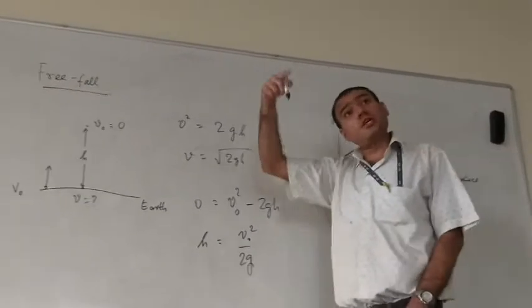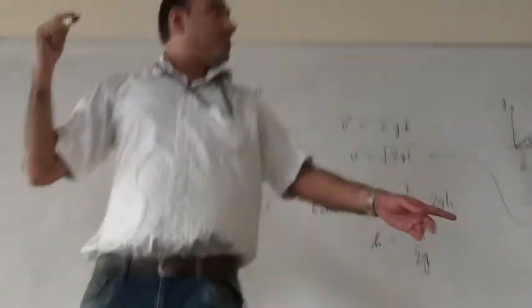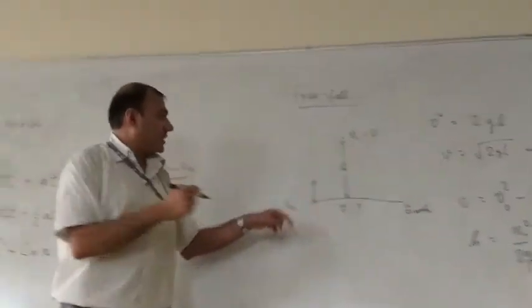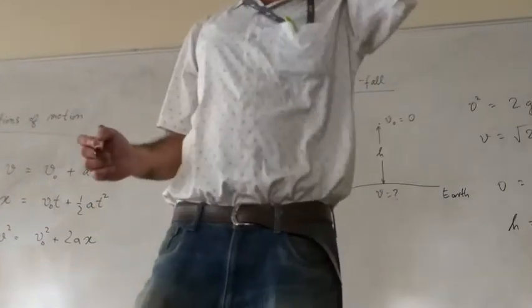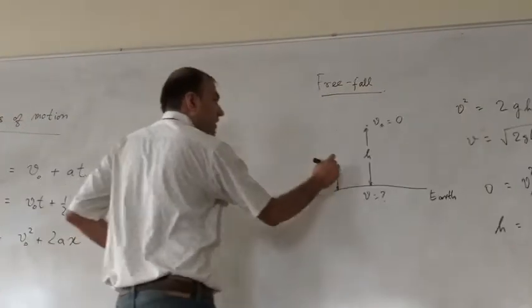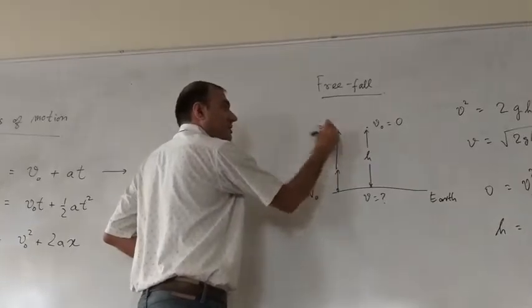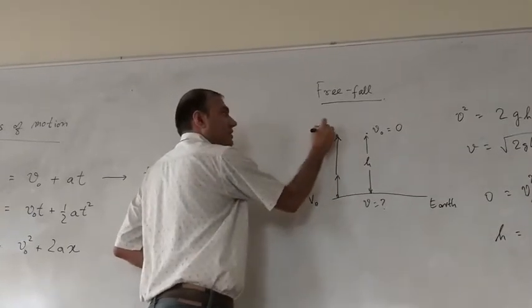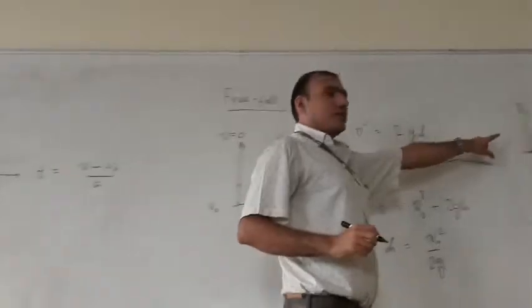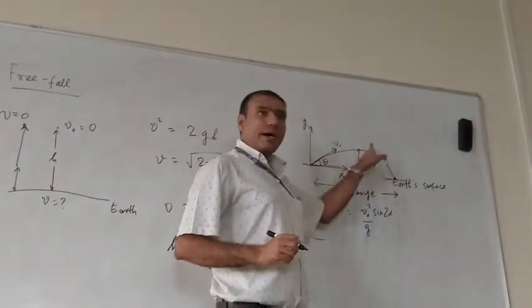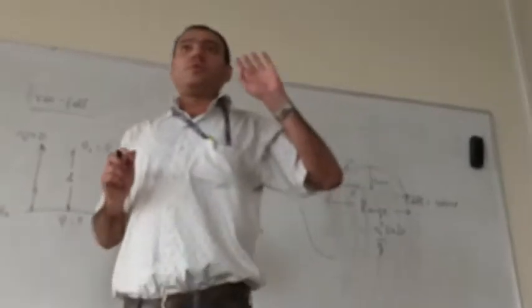But remember a crucial difference from the free fall case, or from a particle projected in 1D along a single direction. When it reaches the maximum height there, the velocity is 0. But for the projectile motion in 2D, at the maximum height, the velocity is not 0. Why is it not 0?